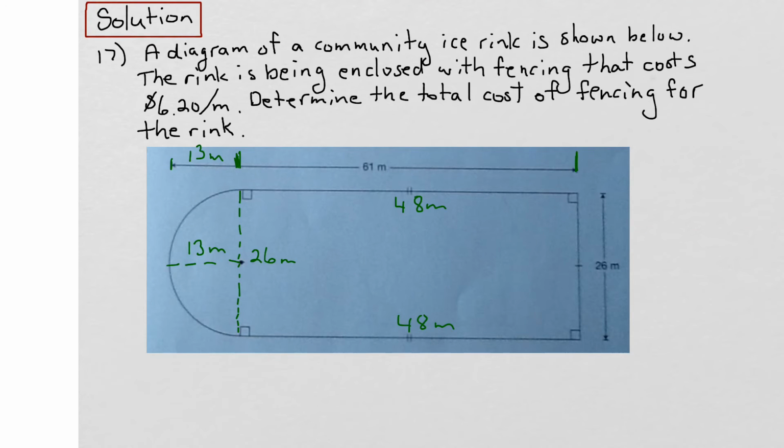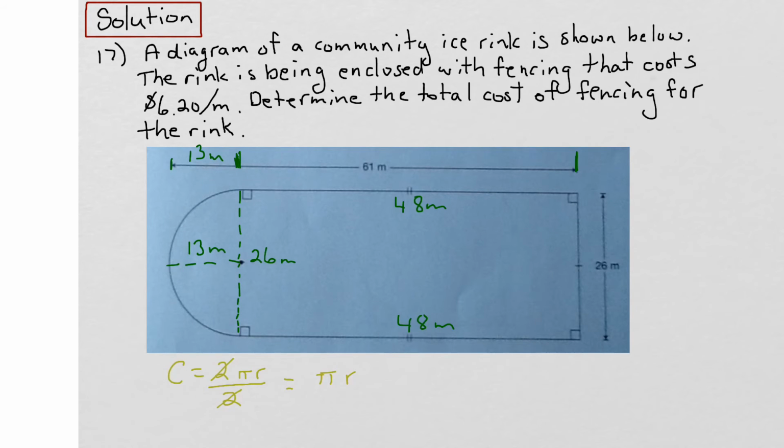Well, we know that the circumference of a circle is given by the formula 2 pi r. Now, we're only looking at half a circle, so the circumference in our case will be divided by 2. And we can see that these two values will cancel out. So our circumference for the half a circle is pi times the radius.